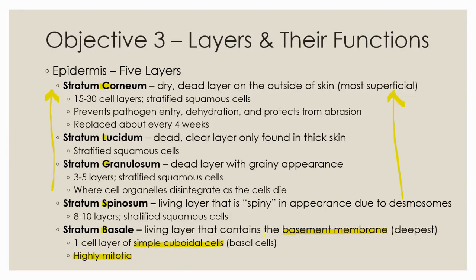And then as they're made, they're going to get pushed upward into the stratum spinosum. They're going to get pushed upward into the stratum granulosum, and this is where they begin to die. And then they're going to continue to get pushed upward all the way up to the stratum corneum. And this is where they're going to get sloughed off, and this process is going to constantly repeat where you have new cells being made and pushing upward.